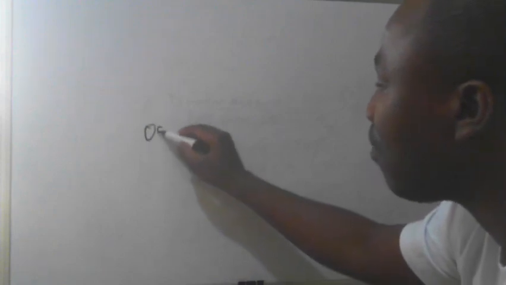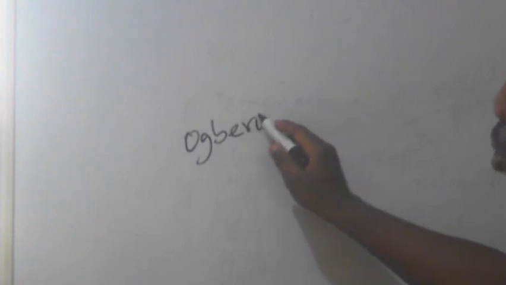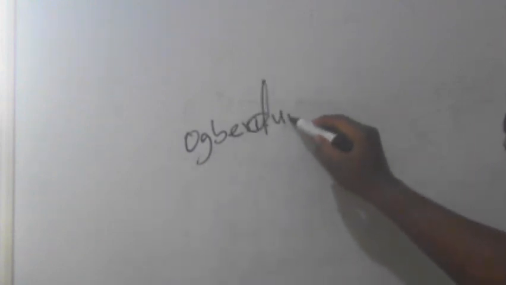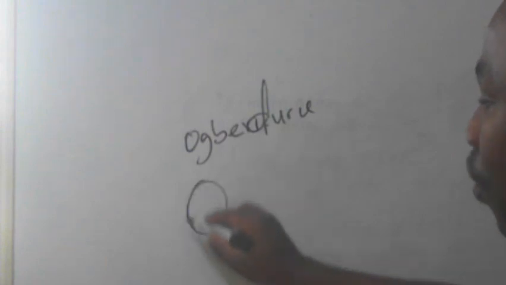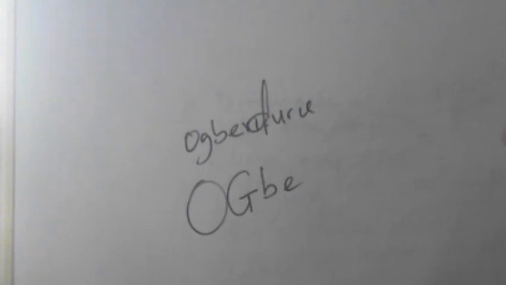Now, a good password should have a combination of uppercase, lowercase, numbers, and special characters. And it should be something that you can easily remember. So for instance, if I'm going to use my username Ogbedu, if I'm going to form a password out of Ogbedu, I would probably do something like capital O, capital G, B, E, alright?